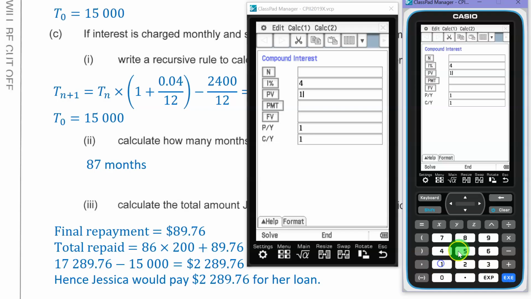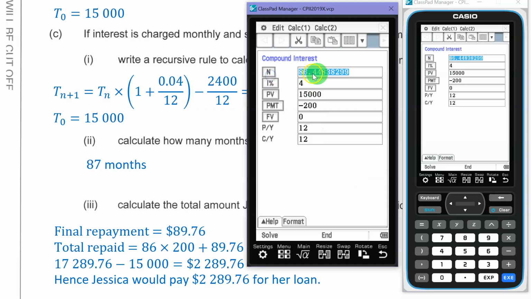She's borrowed 15,000, so that's gone into her pocket. The payment is going to be negative 200 that's coming out. The future value we want to be nothing, and everything's happening monthly, so a standard 12 and 12 down the bottom. How long will this take? So we solve for n, 86.4, therefore 86 whole payments of 200 and 1 last one. So all up 87 months.